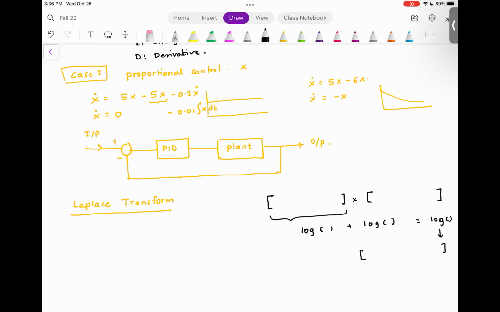Same thing with Laplace transform. If you have a differential equation, say x double dot is equal to x dot plus x plus sine t or something like that, this differential equation gets converted to an algebraic equation using Laplace transform.